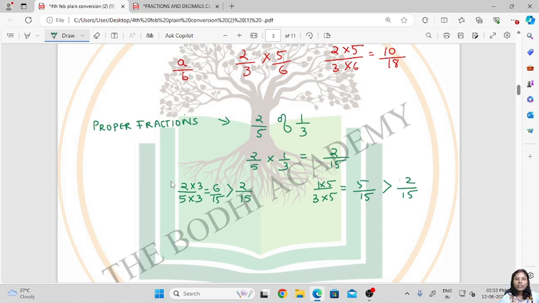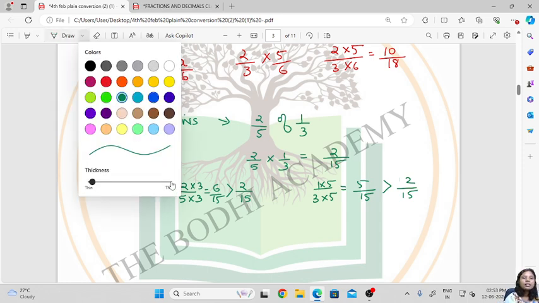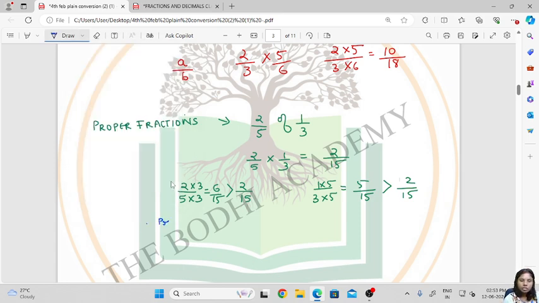So now what we are trying to tell here is that there is a common observation made that when it is a proper fraction, the product will be always less than the individual fractions.